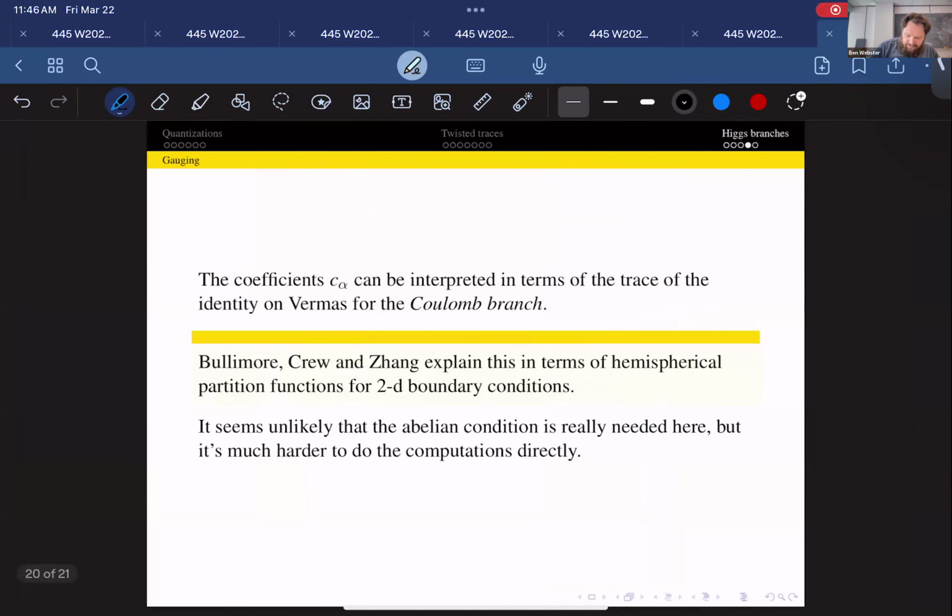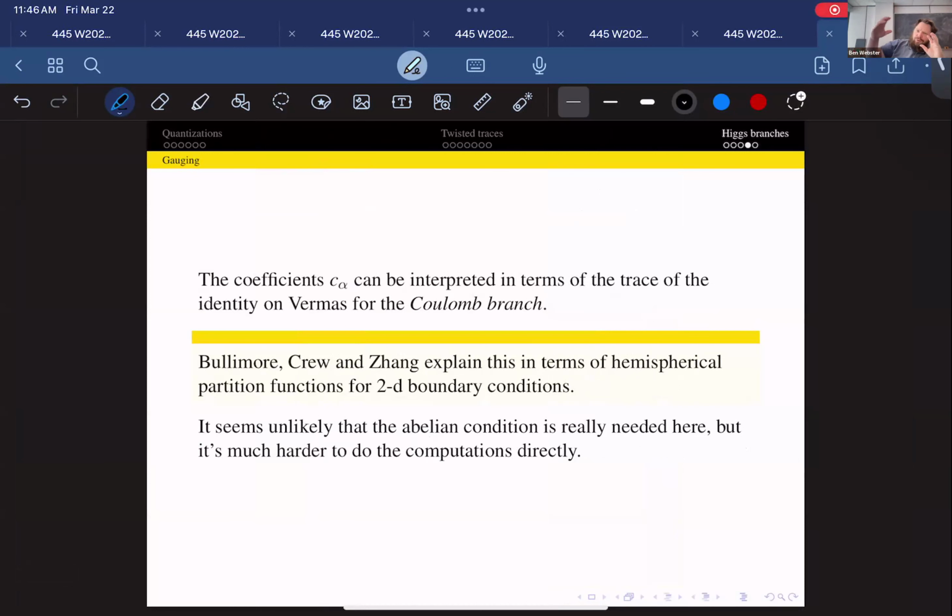I should say, there was relatively recent work of Bullimore, Crew, and Zhang, which explained this in terms of hemispherical partition functions, basically taking an S3 and cutting it up as two balls meeting along a two-sphere.